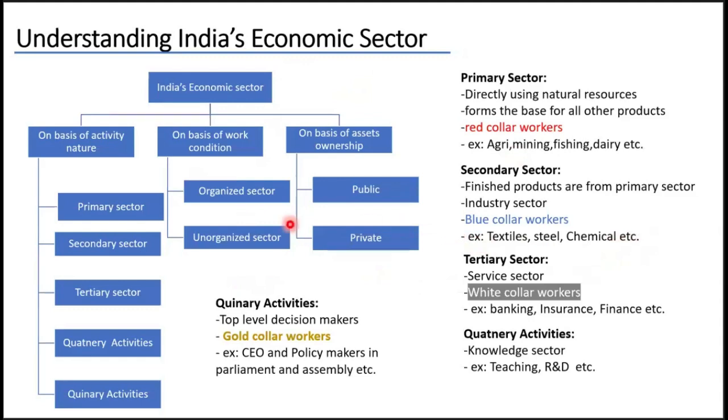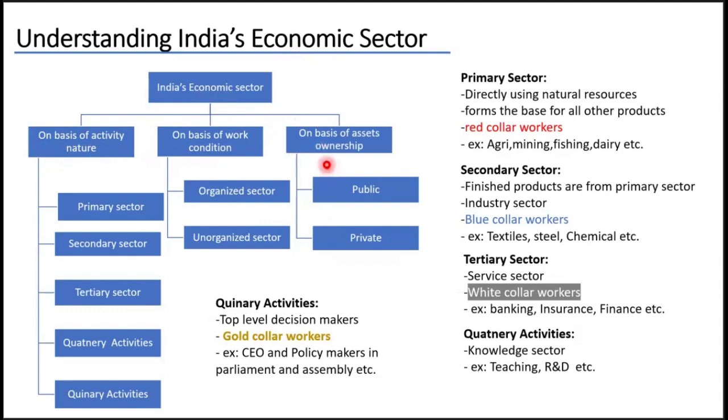Now let us go through the India's economic sector. For better understanding of what sector means, India's economic sector is broadly divided into three types. One is based on the activity nature, the second on basis of work condition, and the third on basis of assets ownership.